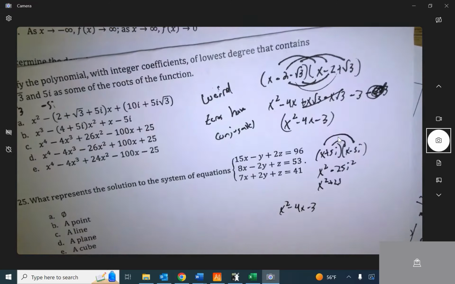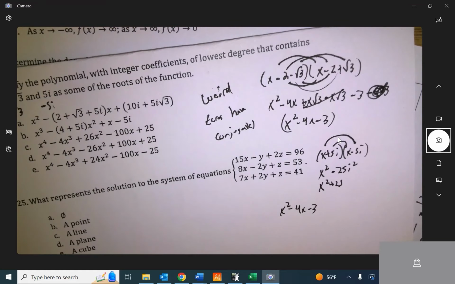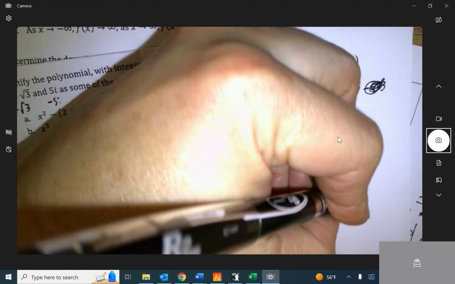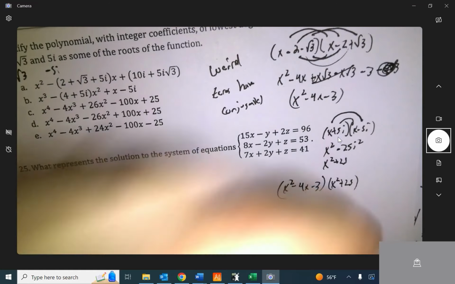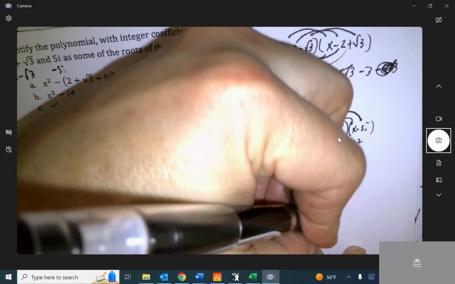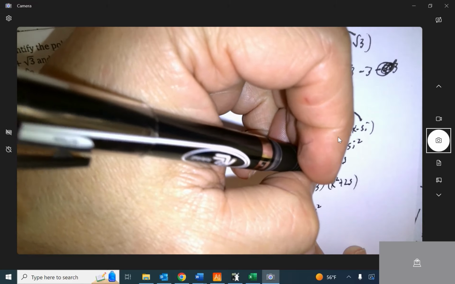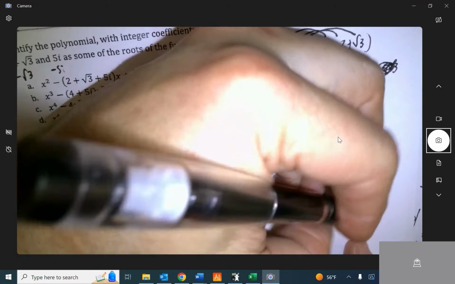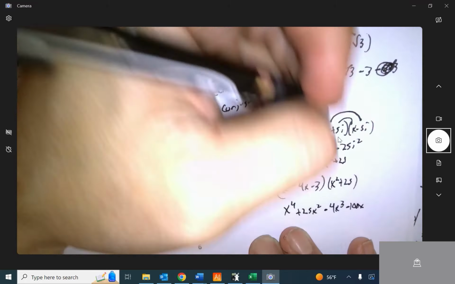You know, I'm doing this probably the entire hardest way possible. You'll have x to the fourth plus 25x squared minus 4x cubed minus 100x minus 3x squared minus 75.